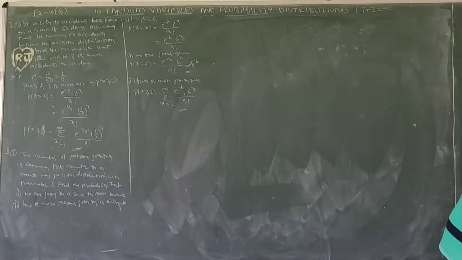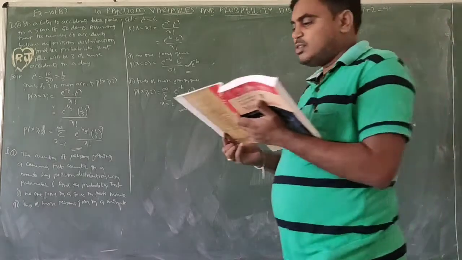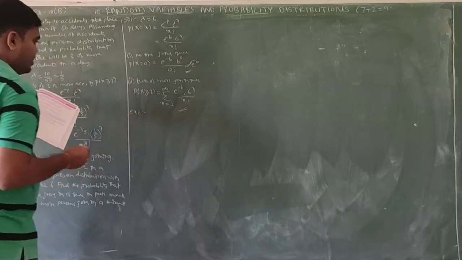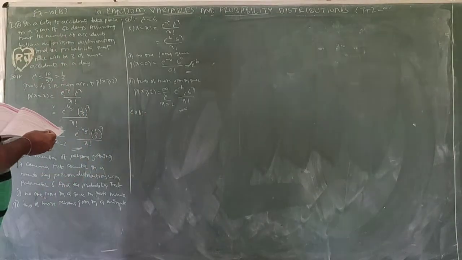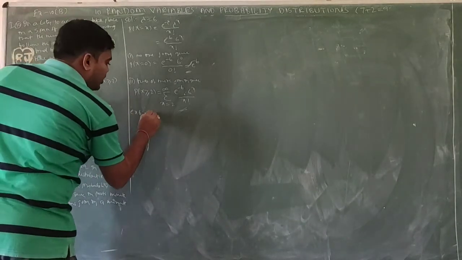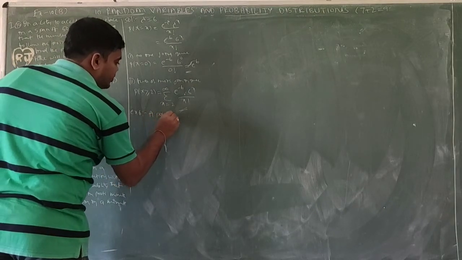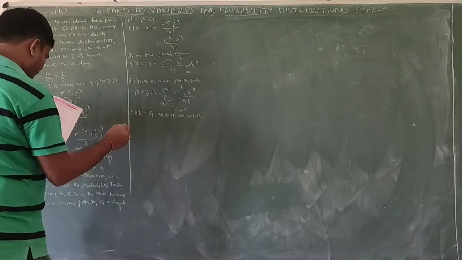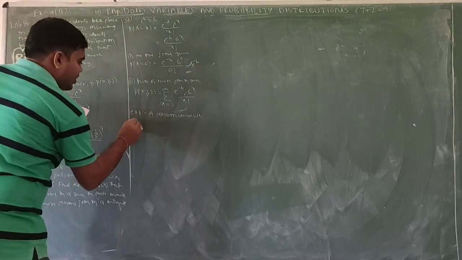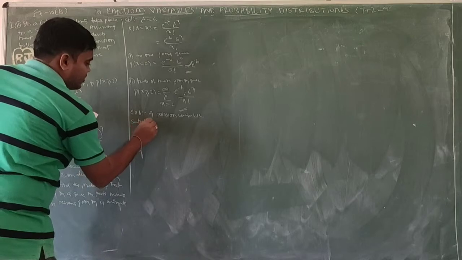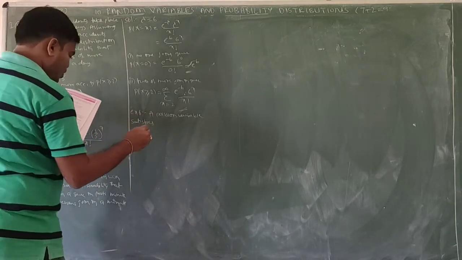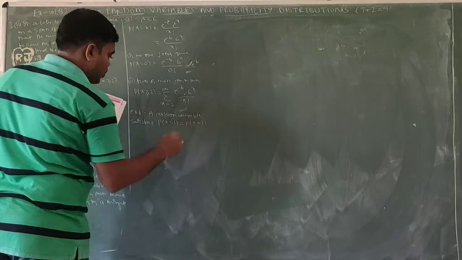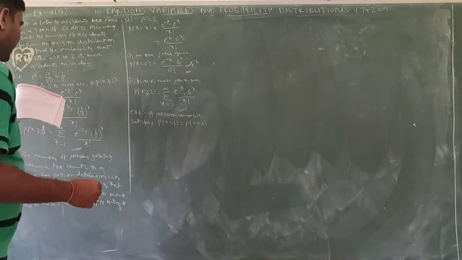Okay, next, example 6. A Poisson variable satisfies P of x equal to 1 equal to P of x equal to 2.